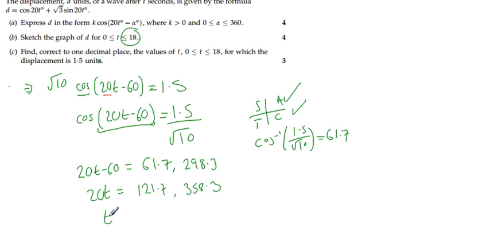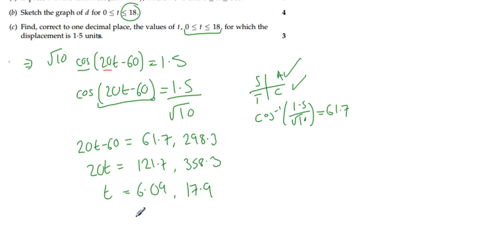And then divide by 20 is 6.09 and 17.9. Okay, now you want, find correct to one decimal place, the values of t between 0 and 18. We could add 18 to get the next ones, but obviously it's going to come outside. And to one decimal place, that's 6.1 and 17.9.